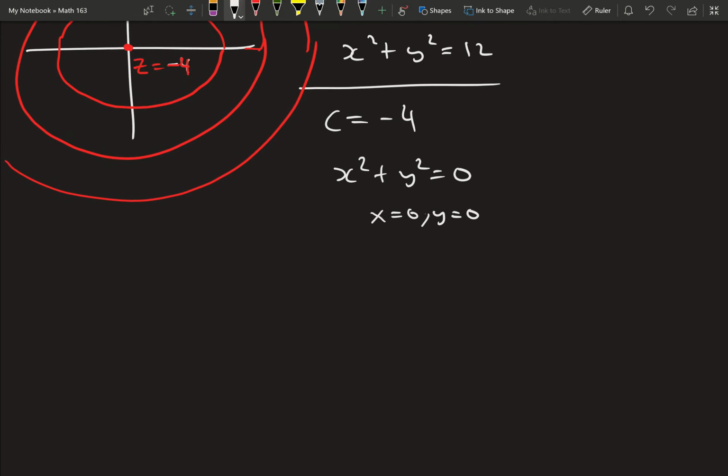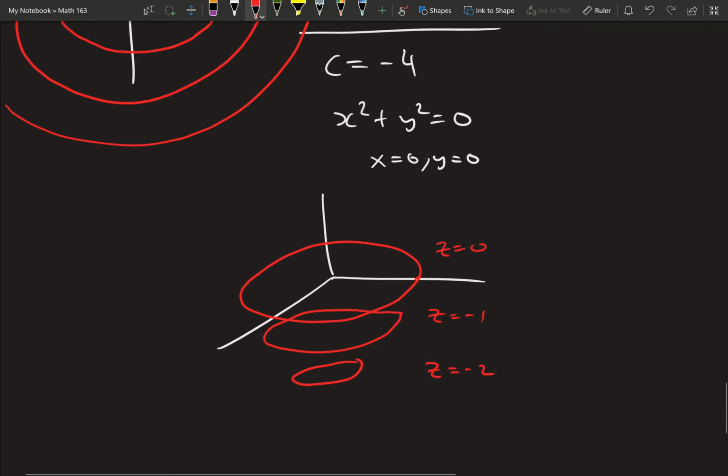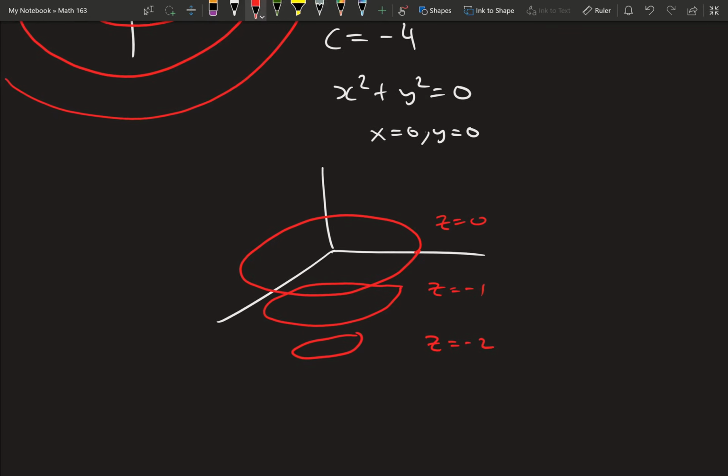So let me draw it one more time. Here's our coordinate plane. Here would be our z equals 0. We'd have a slightly smaller one here at z equals -1, a slightly smaller one again at z equals -2, and once we come down to -4, here we'd have a single point.